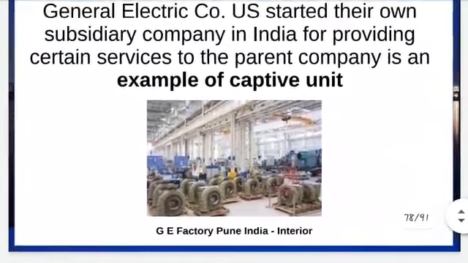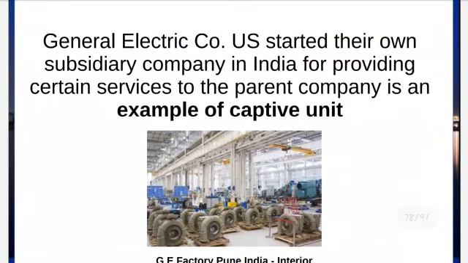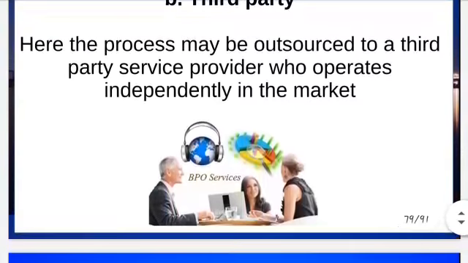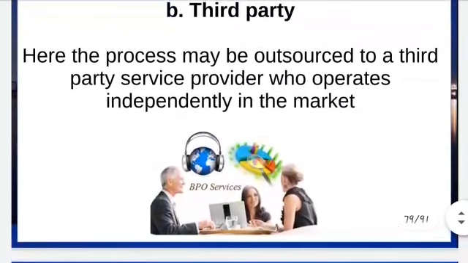General Electric Company US started their own subsidiary company in India for providing services to the parent company. This is an example of a captive unit. Captive unit means when a company itself starts a subsidiary company for doing the non-core activities. Third party means the process may be outsourced to a third party.